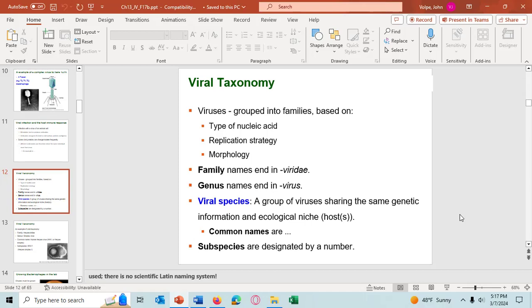And that tells you how different the subspecies can be. One subspecies causes the disease polio, the other subspecies we use as a vaccine to prevent getting the poliovirus. Any question about that? And that subspecies is, if I remember correctly, the Sabin vaccine for poliovirus.